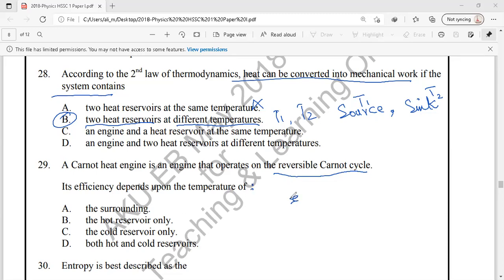So we know that the efficiency of the Carnot engine is equal to (1 - T2/T1) times 100, where T2 is the temperature of the cold reservoir while T1 is the temperature of the hot reservoir. दोनों reservoir के temperature पर depend करता है. जितना ज़्यादा difference होगा between hot and cold reservoirs, the efficiency would be much greater. So the correct answer for this question will be option D, both hot and cold reservoirs.